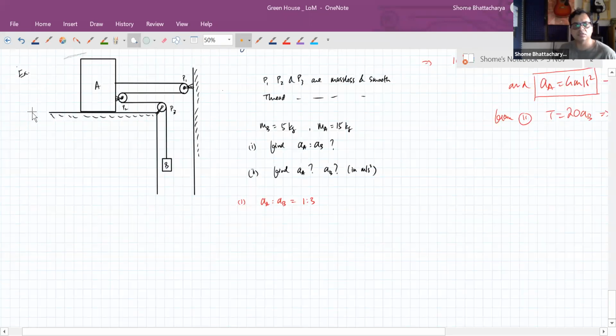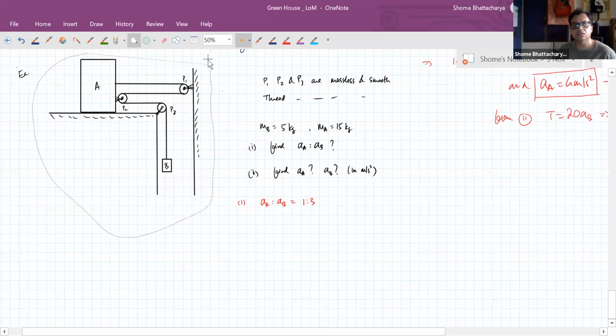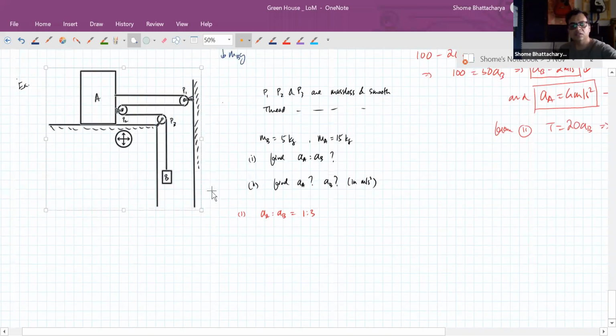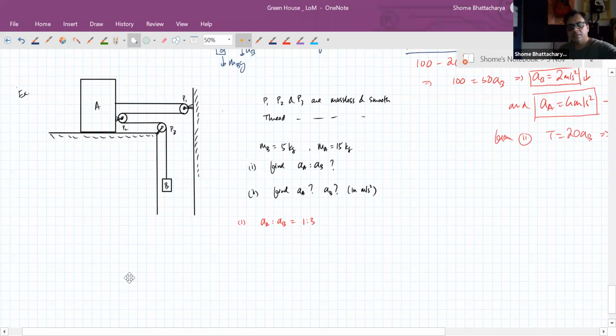Everything is from the way the string is arranged, because you have to conserve the length of the string. So you have to understand it geometrically.